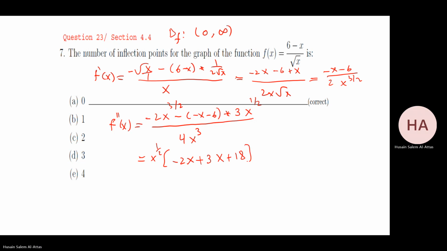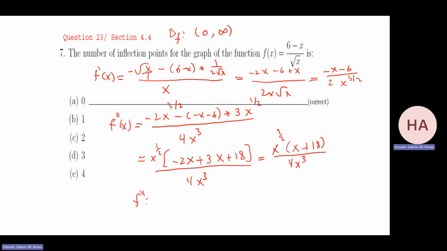Correct? Yeah. Over 4x to the power 3. So it will be x to the power half times (x plus 18) over 4x cubed.